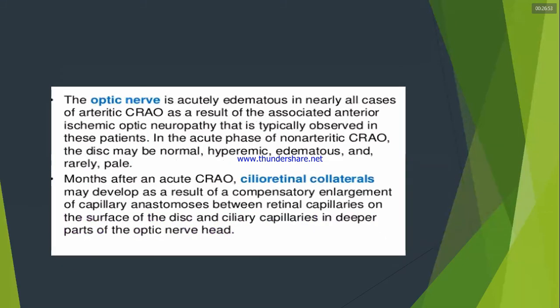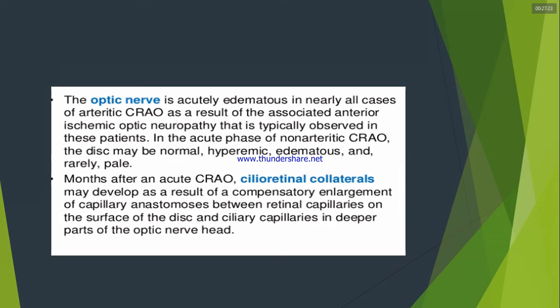The optic nerve is acutely edematous in nearly all cases of arteritic CRAO, as a result of associated anterior ischemic optic neuropathy, which is typically observed in this type of patient. In the acute phase of non-arteritic CRAO, the disc may be normal, hyperemic, edematous, and rarely pale.